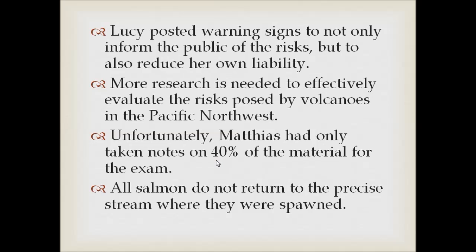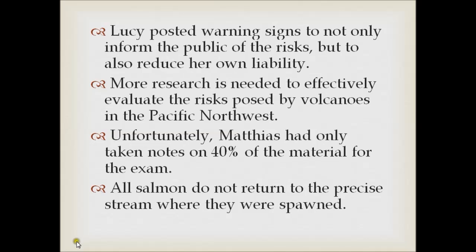In the 4th sentence, it's not returning that they do not do. They do return. The thing that they do not do, the thing that is not, is the word all, probably. Not all salmon return. Some of them do, but not all of them.